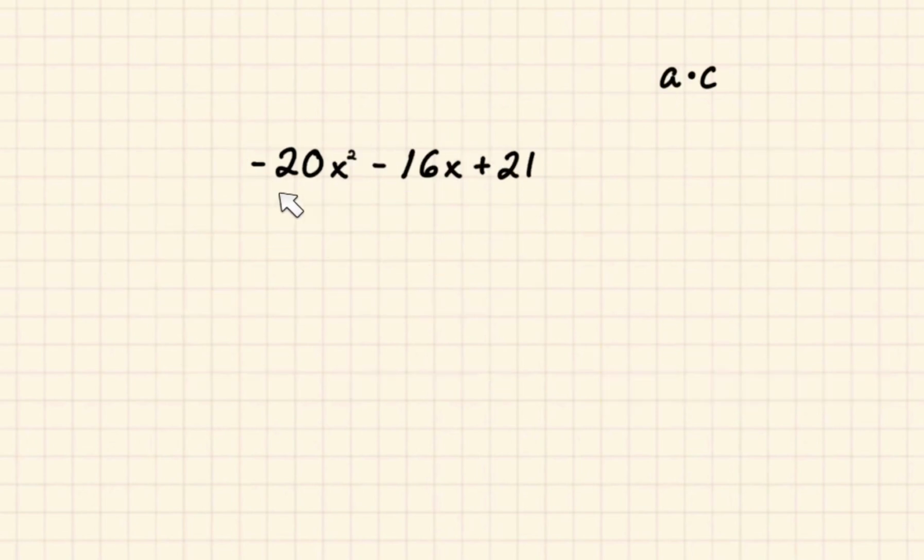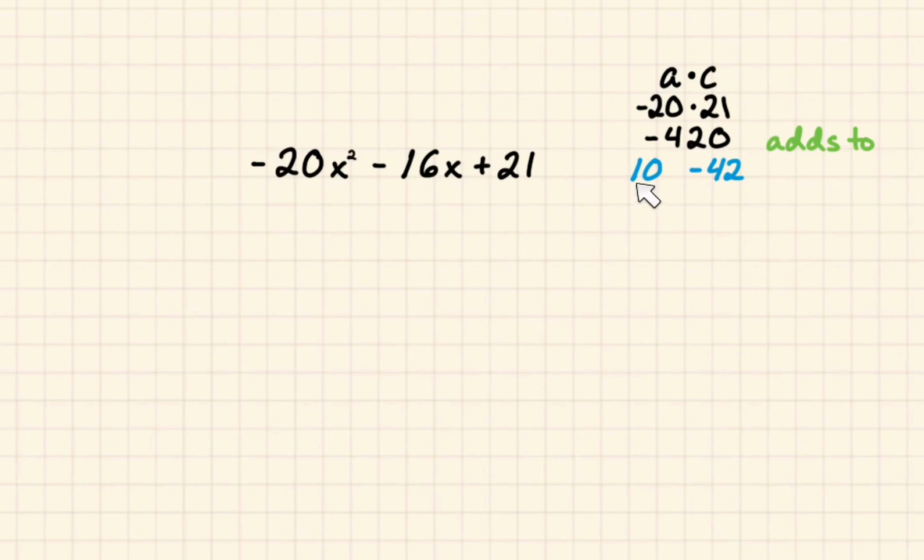Negative 20x squared minus 16x plus 21. A times c is going to be negative 20 times 21, gives me negative 420. And I'm going to think of a number that adds to negative 16. Let's try a couple here. Don't want to start with the smaller numbers, but try to get them close because they have to add to negative 16.